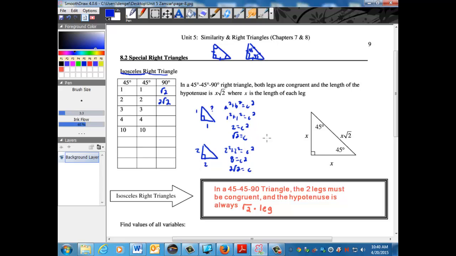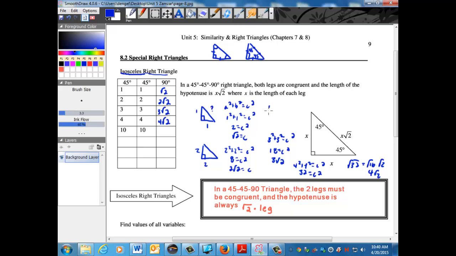When we do the same for 3, we get 3 squared plus 3 squared equals c squared, 18 equals c squared, 3 rad 2 is equal to c. And when we do 4, we get 4 squared plus 4 squared equals c squared, 32 equals c squared, which rad 32 breaks down to rad 16 times rad 2. Rad 16 is 4, so we get 4 rad 2.